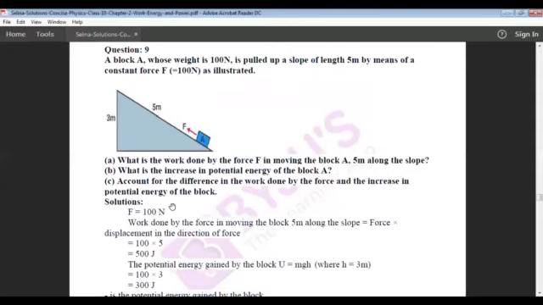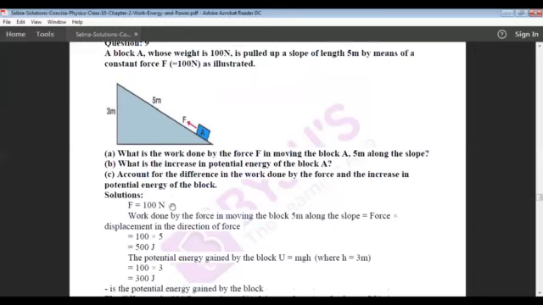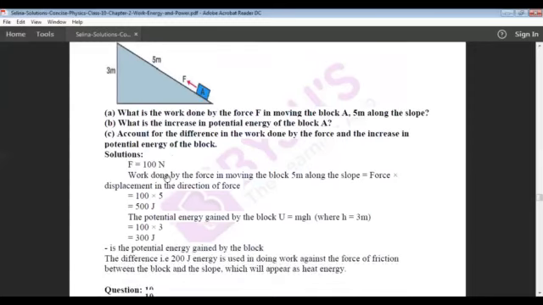So first we need to find the work done. Force is 100 Newton. Work done by the force in moving the block 5 meter along the slope will be force into displacement in the direction of force. Force is 100 Newton, displacement is 5 meter. Therefore, the work done will be 500 joule.